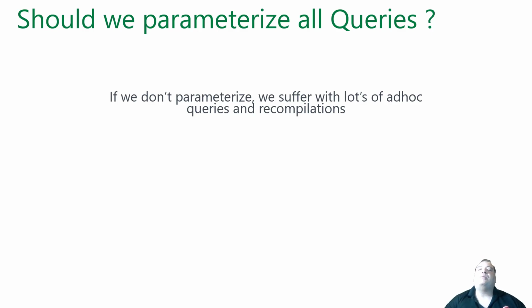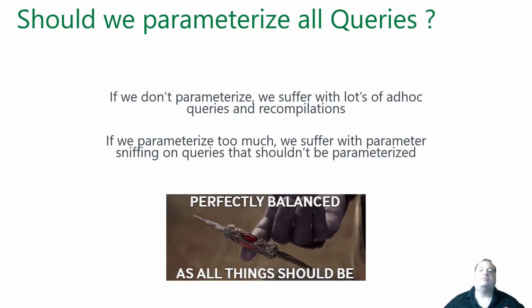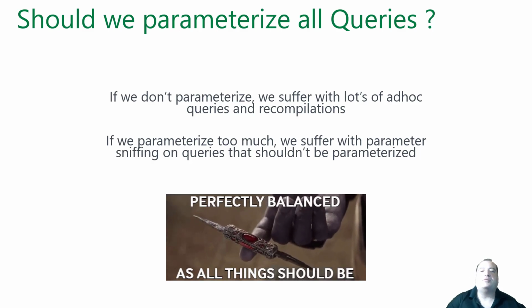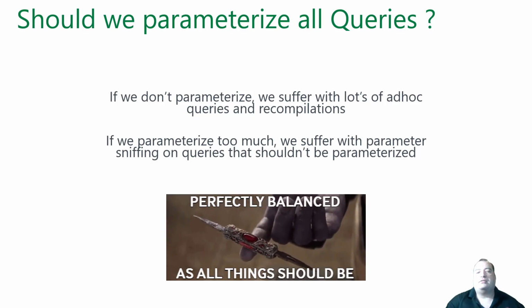And if we parameterize everything, we suffer with parameter sniffing. Usually parameter sniffing is worse than the recompilation problem, so we try to not force the parameterization too much. And the point is that we need to keep a balance in relation to parameterization.